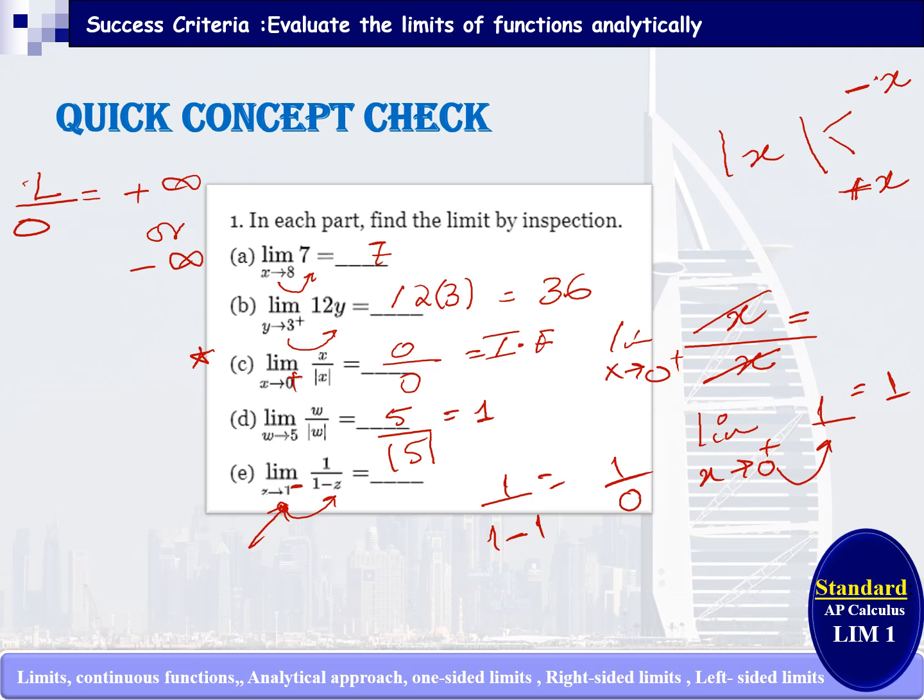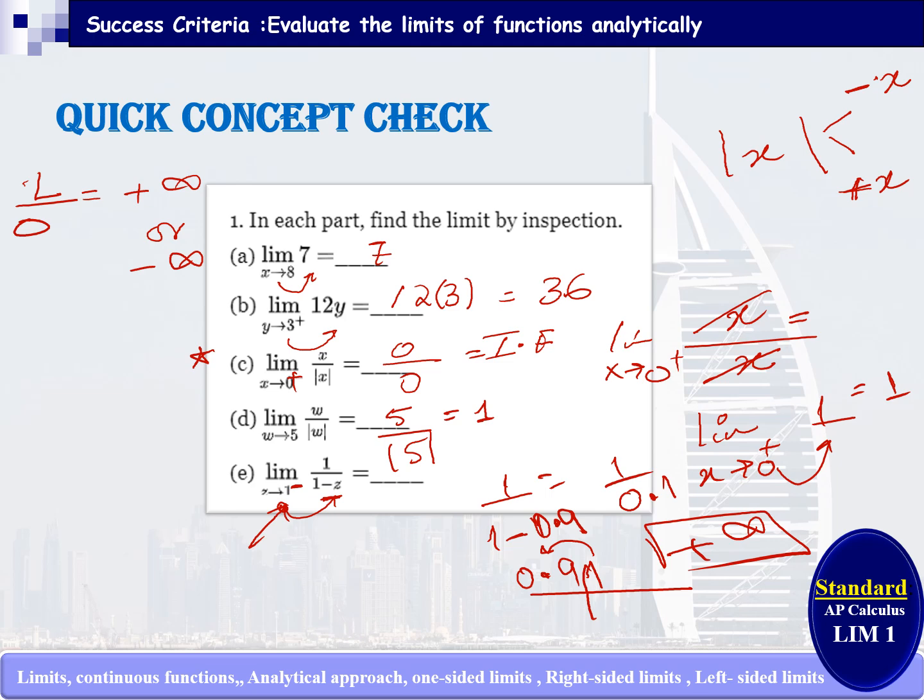I don't know whether my answer is plus infinity or minus infinity. So remember, 1 from the left side. If here 1, then on the left side it will be 0.9, right? So if I write here in place of this x, rather than 1, I write 0.9, I will get 0.1. It means in the end I will have a positive answer, which means my answer will be positive infinity.